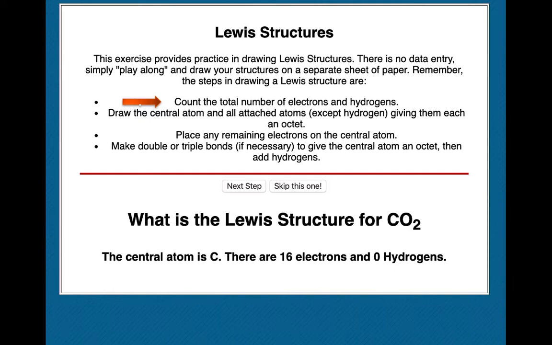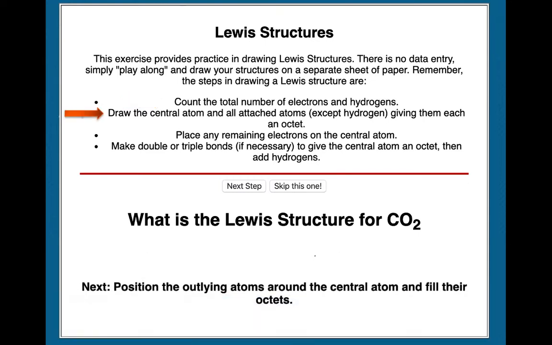Next, we're going to take the central atom. And again, we have 3 atoms here, so carbon is the central. And we're going to write the carbon, put the oxygens on both sides, and we're going to give each oxygen an octet of electrons. So, let's draw it this way.